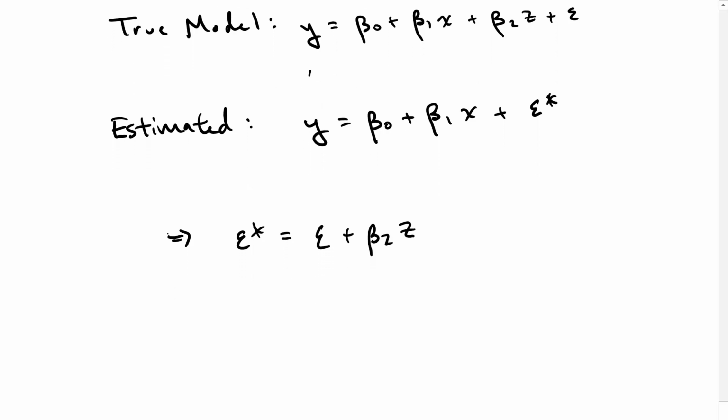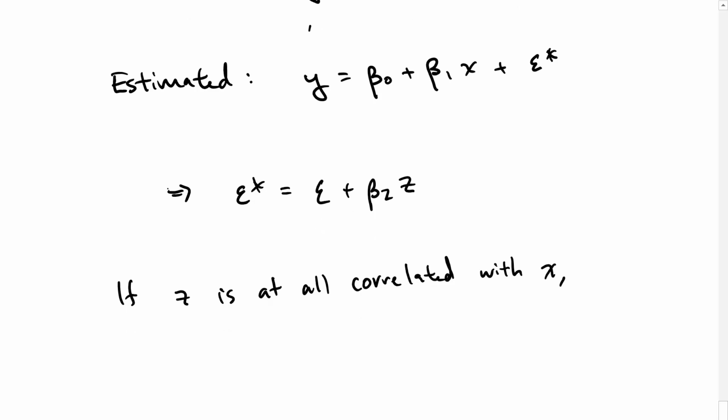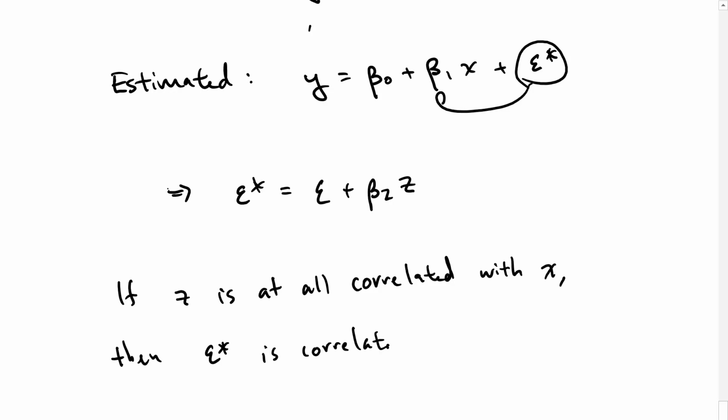And if z is at all correlated with x, then epsilon star, our error term in the estimated model, is correlated with x.